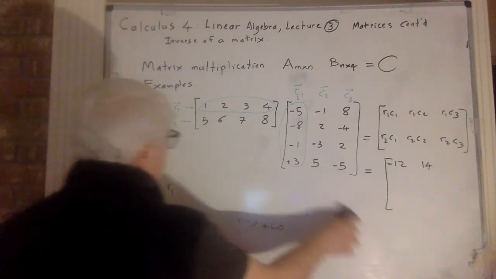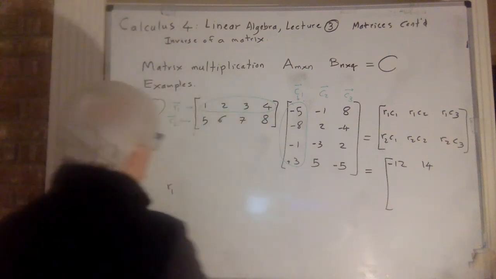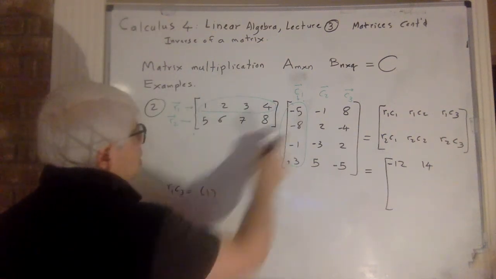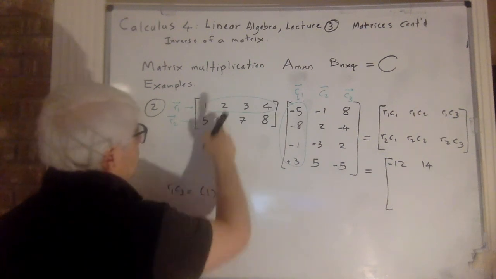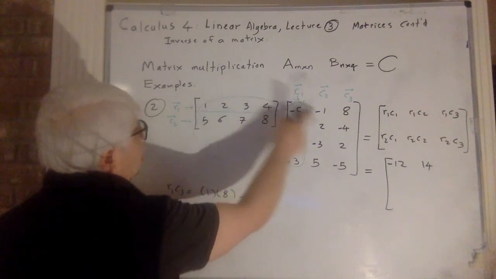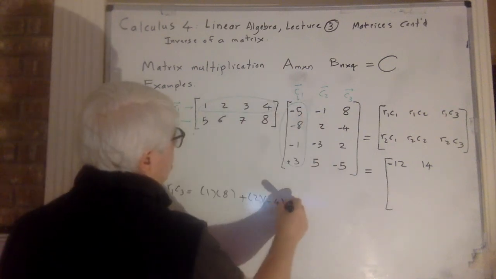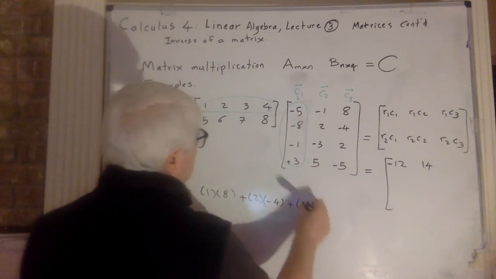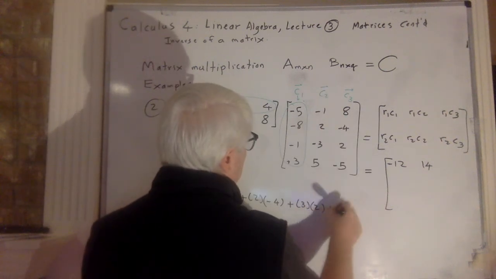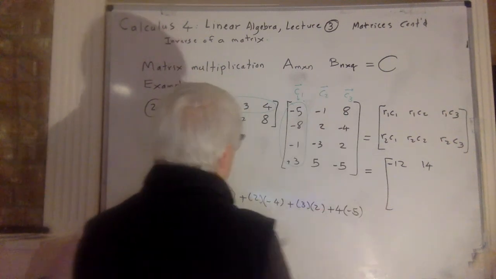Now R1C3 is 1 times 8 plus 2 times minus 4 plus 3 times 2 plus 4 times minus 5.